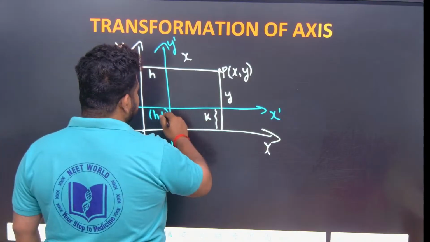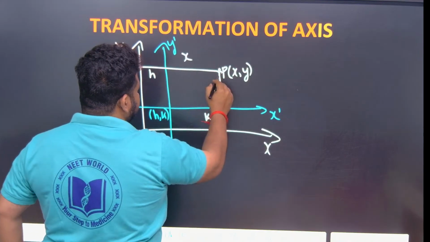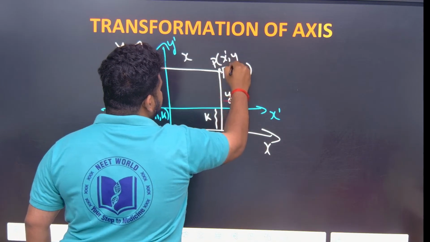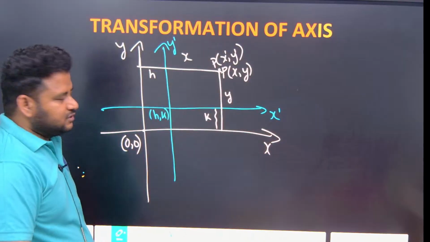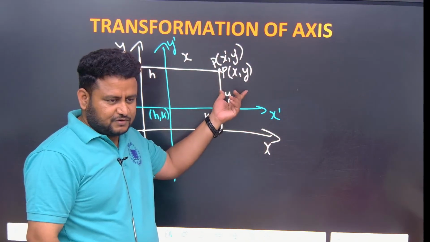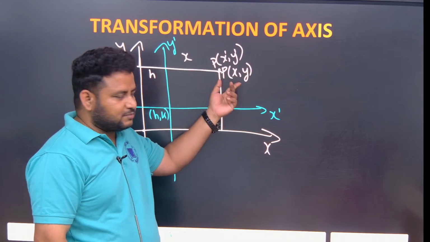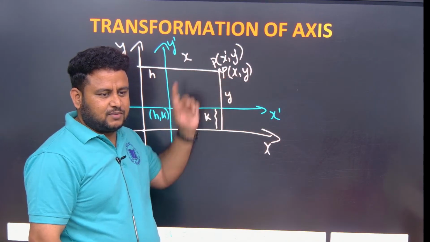If I say that this point has shifted here, okay, this will become P(x dash, y dash). See here, this point is P(x, y) only, but because the coordinate axis has changed, instead of (x, y) we have P(x dash, y dash).